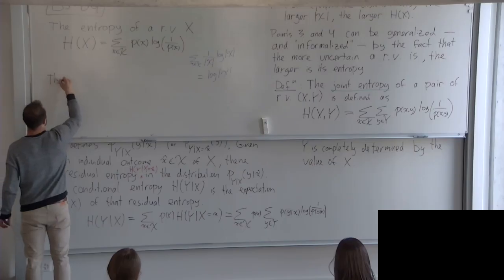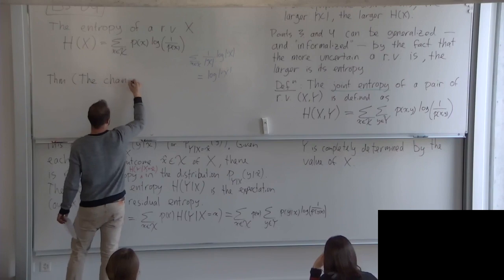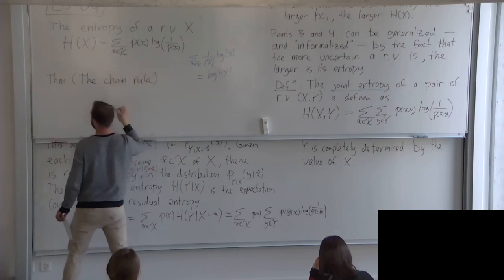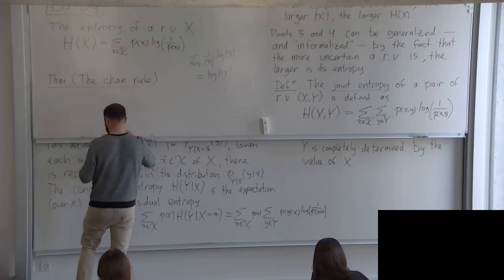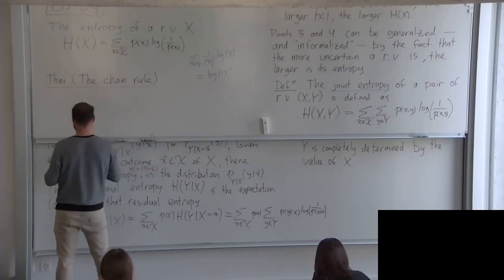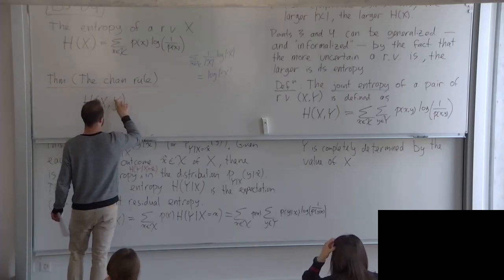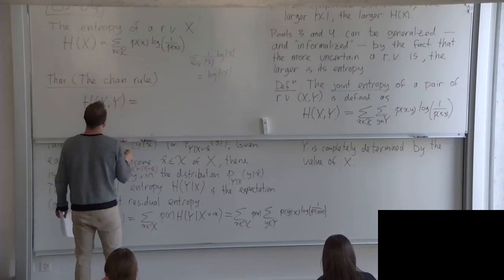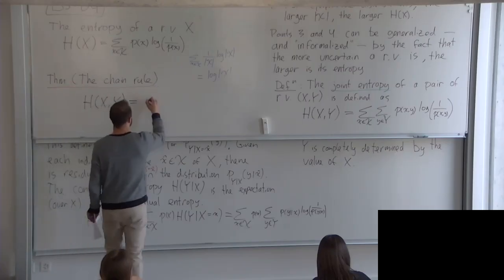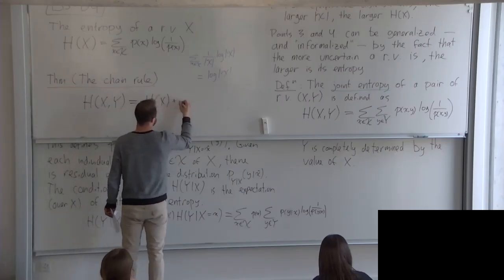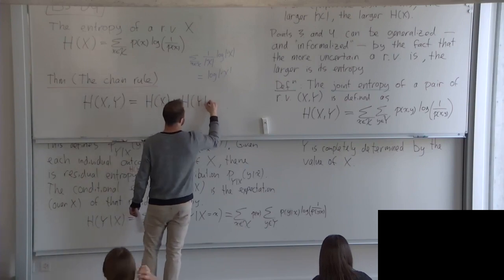Theorem, the chain rule. So the entropy of the pair xy equals the entropy of x plus the conditional entropy H of y given x.